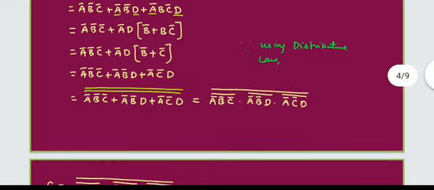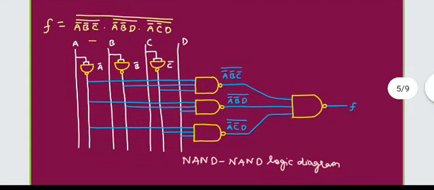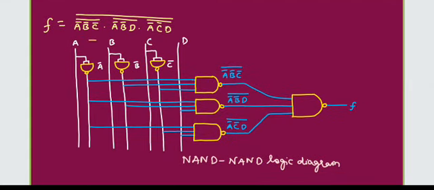I can draw the diagram for this expression easily by using only NAND gates. See here, in this structure A, B, C, D, all four values I have taken, and A bar, B bar, C bar are required to generate F. So I used 3 NAND gates correspondingly to get the A bar value, B bar value and C bar value.